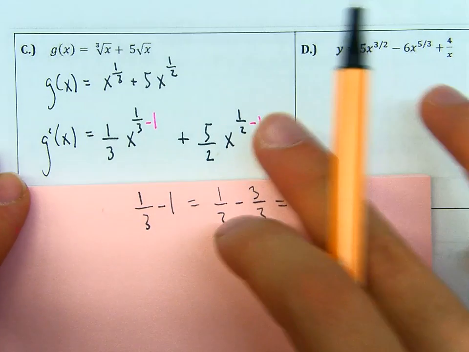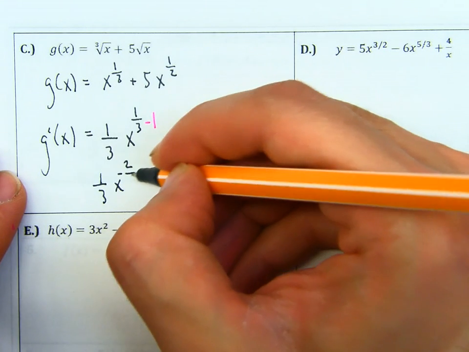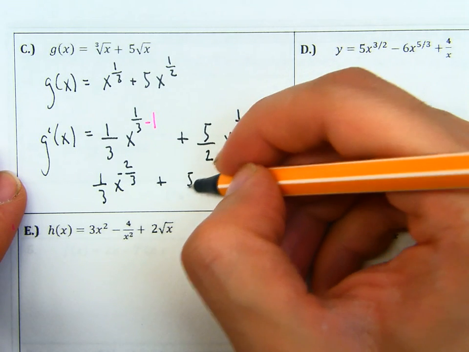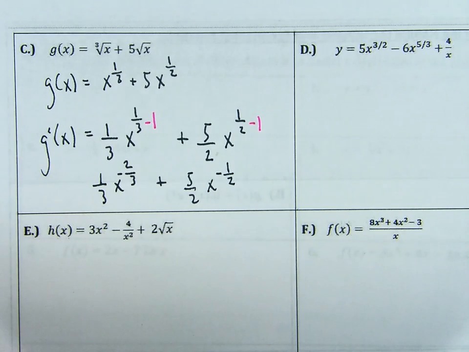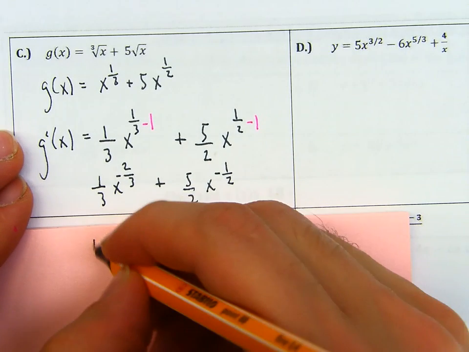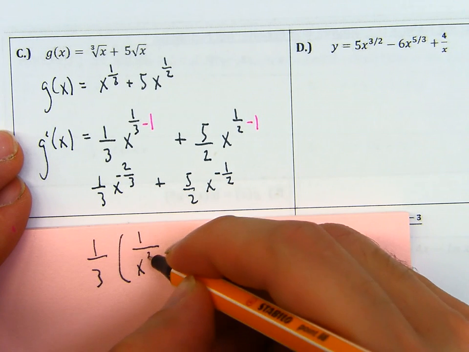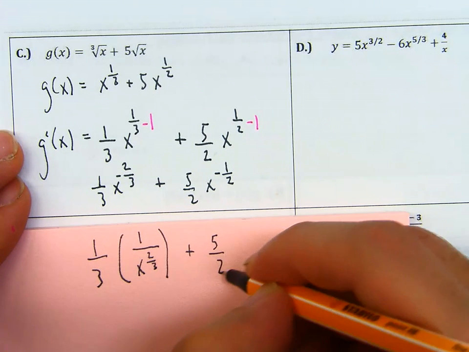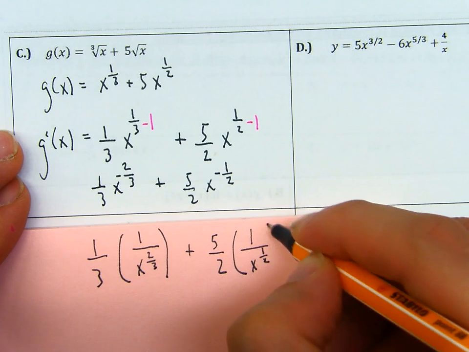Okay, so now you have 1/3 x to the negative 2 over 3 plus 5 over 2 x to the negative 1/2. And then how do you finish this up? This will be 1/3 times 1 over x to the 2 over 3 plus 5 over 2 times 1 over x to the 1/2.